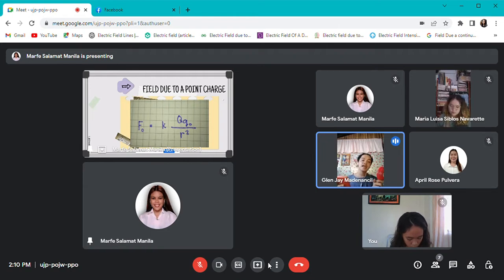Then divide by the square of 3, which is 9. Divided by 9.